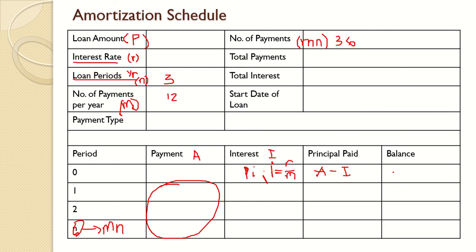So if you have, for example, a 15,000 borrowed amount, then whichever value your principal paid is, at the end of the period you just have to subtract the two. Okay, that's the content of an amortization schedule.